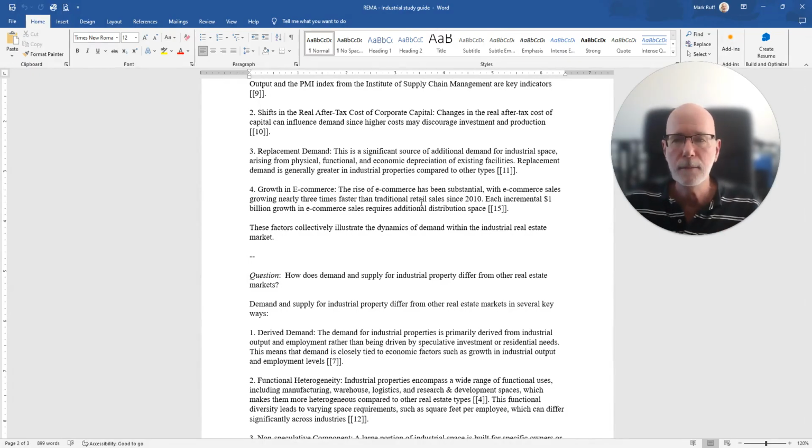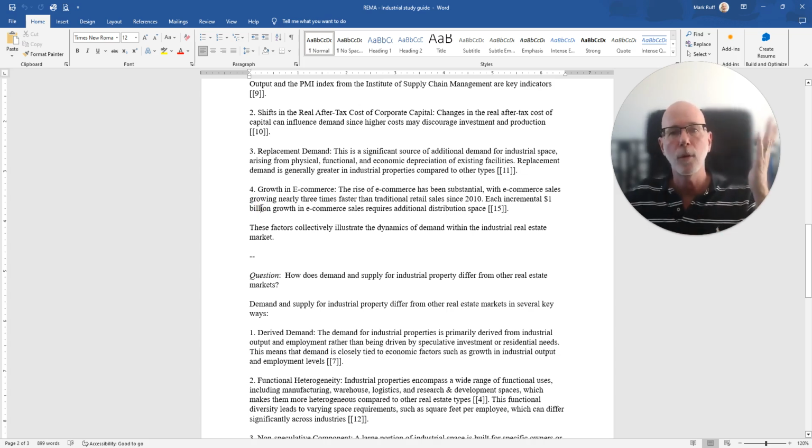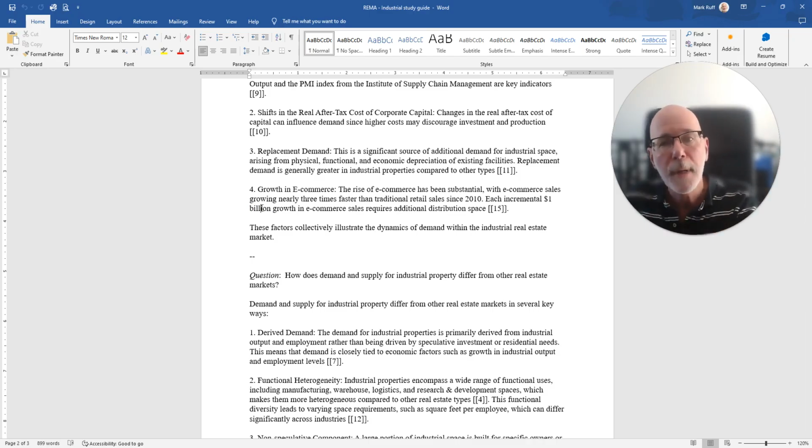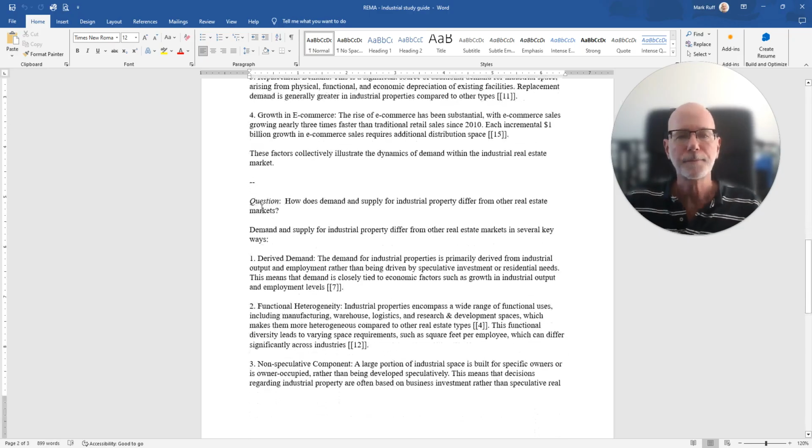And what they did is they determined that each incremental $1 billion growth in e-commerce is going to require additional distribution space. So I think it's every $1 billion in the growth of e-commerce creates a demand for 1 million more square feet of industrial or warehouse space.